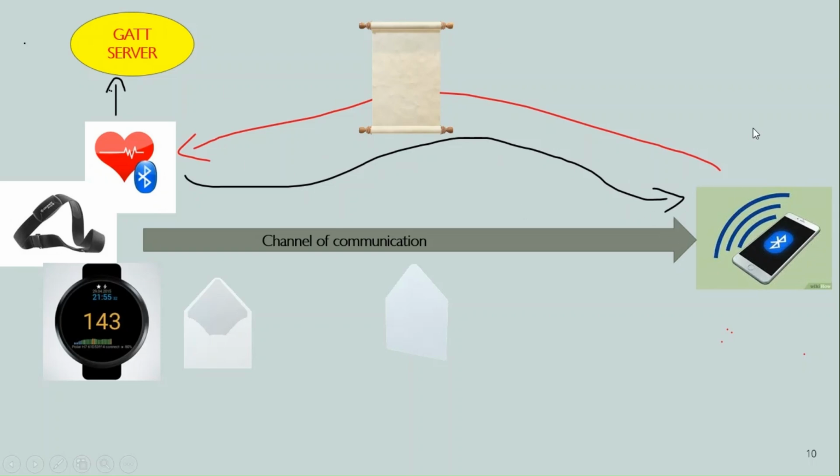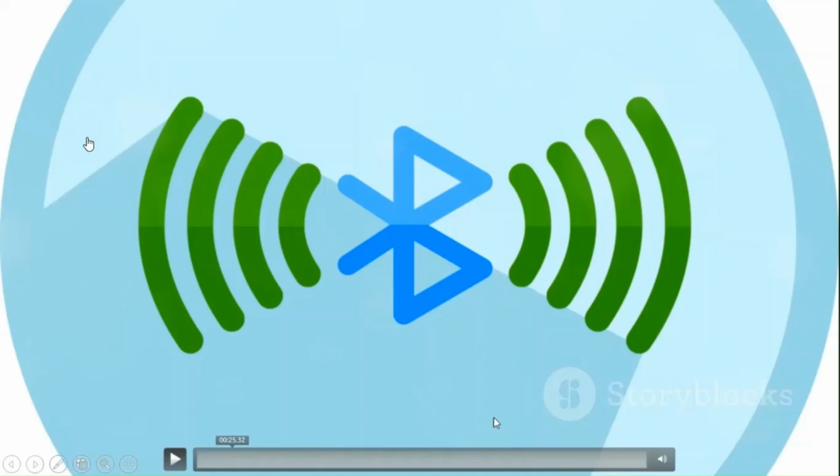And vice versa, when I want to transfer anything from my Android phone to these particular devices, for example my location, I am just transferring it from my Android phone to the nearby BLE devices. At that time the phone will act as a server and these devices act as a client. So this is how it works.